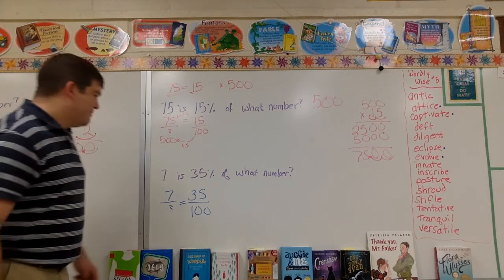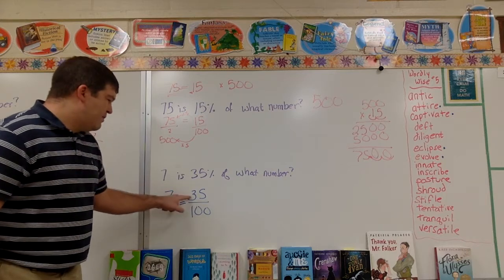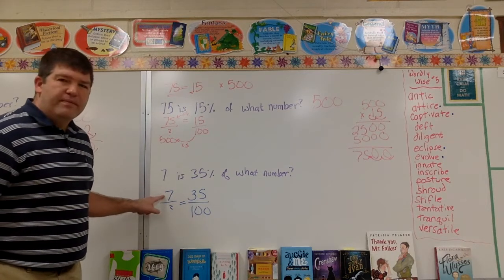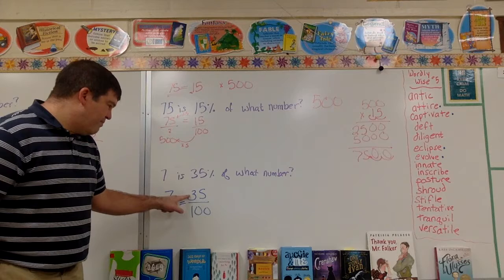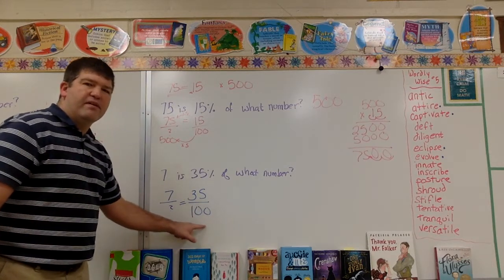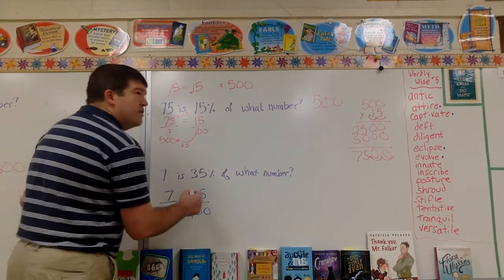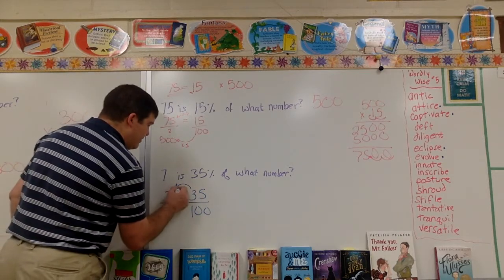Okay? So I got to get this to equal, so 7 is if I have 35%, but what if I have 100%? If I have 100%, what's my number? I got to figure out. So what is going on from here to here?